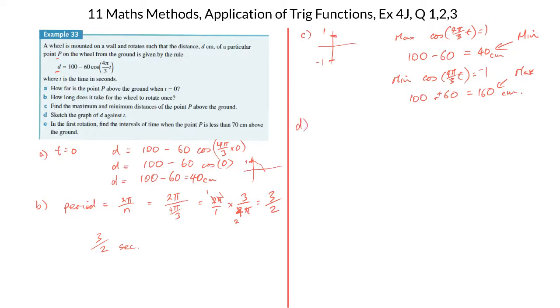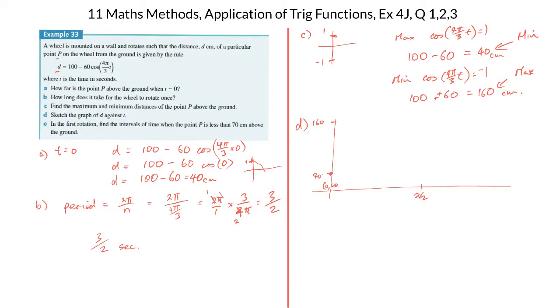Part D, sketch the graph against t. Now when sketching this graph, we know that it has a minimum at 40, it has a maximum at 160. We also know that we have a point of 0, 40, so that's our starting point, and we know that we have a period of 3 on 2.